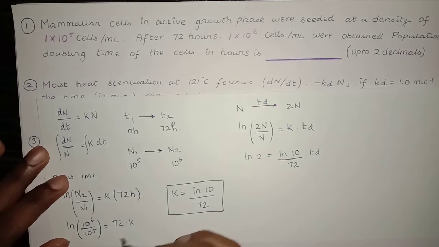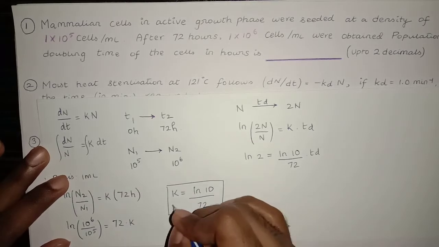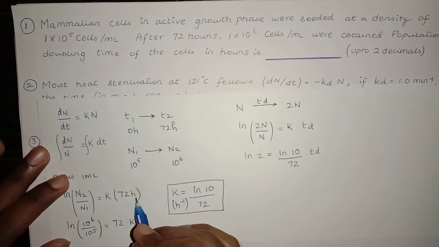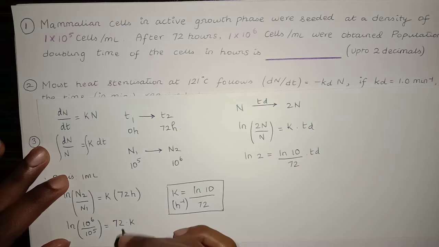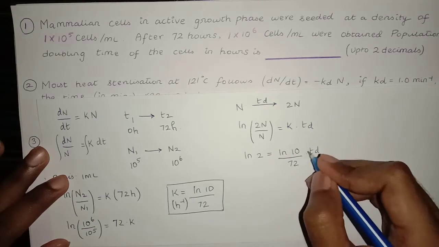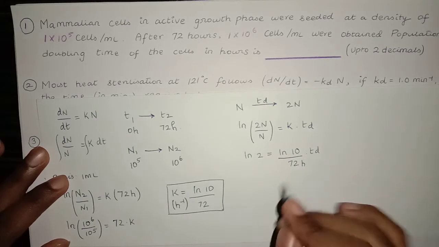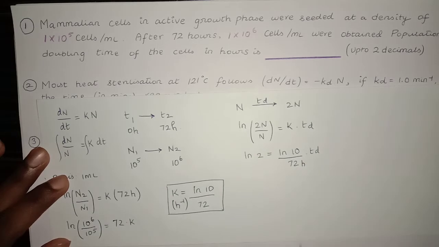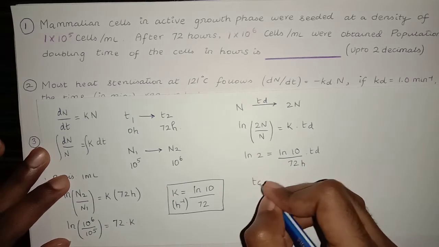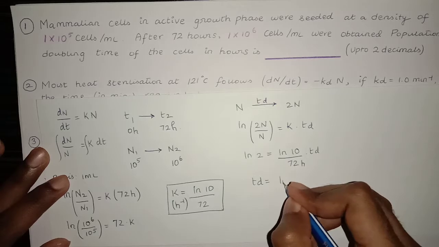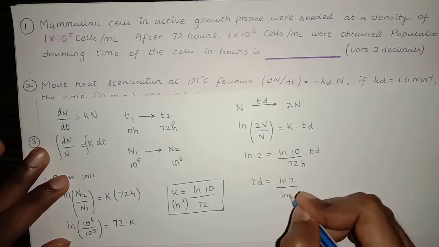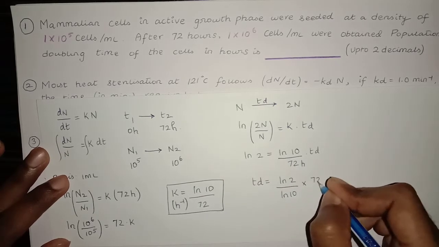The unit for k is hour inverse, because hour goes to the denominator, 1 over hour. Therefore t doubling time is equal to ln 2 over ln 10 times 72 hours.